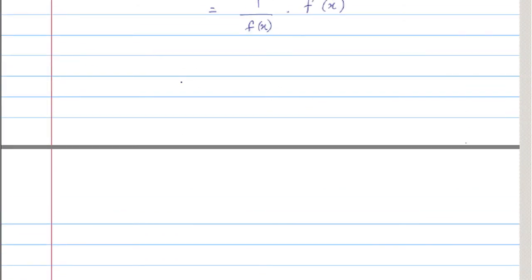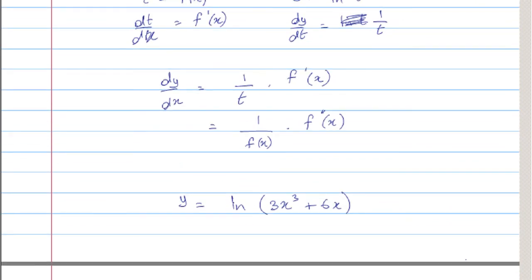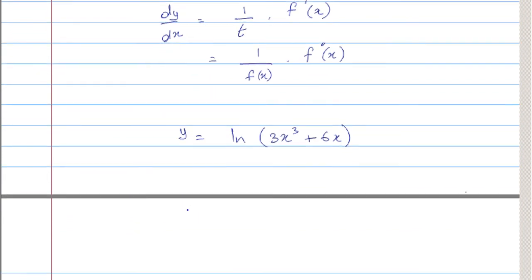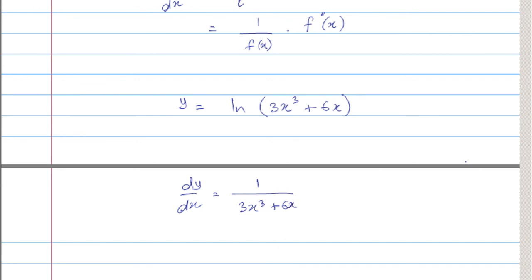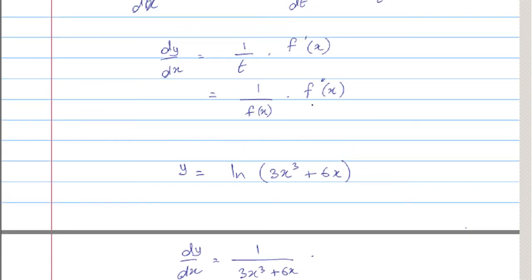So let's say we have the function y equals ln of 3x cubed plus 6x. So what it says is if I have y equals ln of f of x, write down 1 over whatever that function is. So dy over dx will be equal to 1 over 3x cubed plus 6x, times the derivative of whatever is the argument of the ln function.